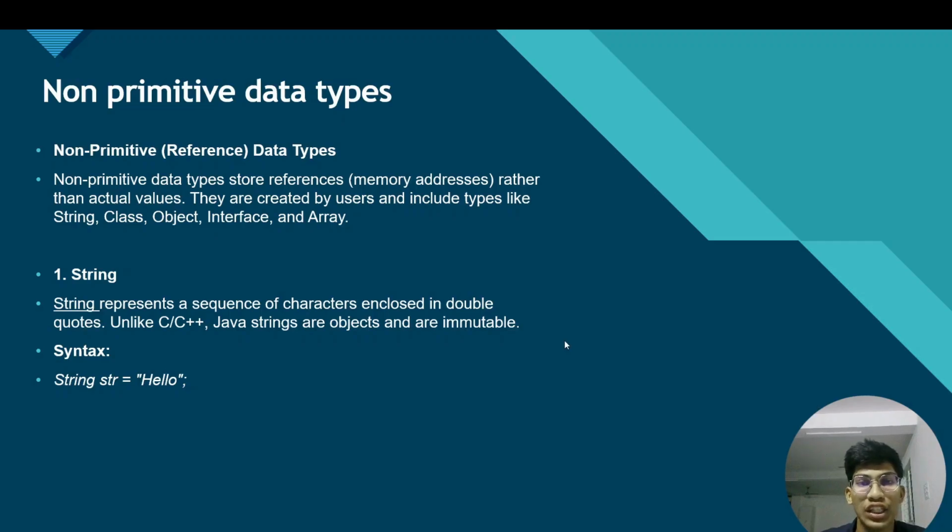Unlike in C and C++, in Java they are immutable. Immutable means they cannot be changed once declared. Here, String str equals "hello". We cannot change the value in str. If it is a variable such as an int, we can change it. But strings are immutable, so we can't change them.